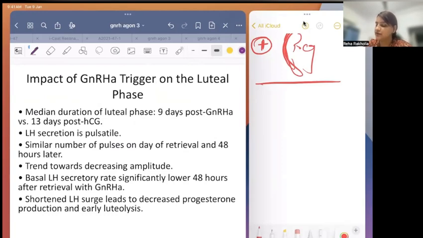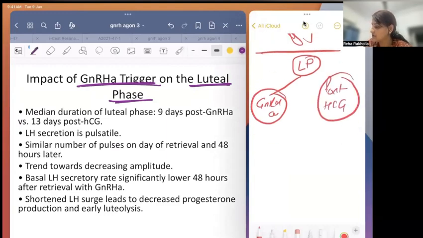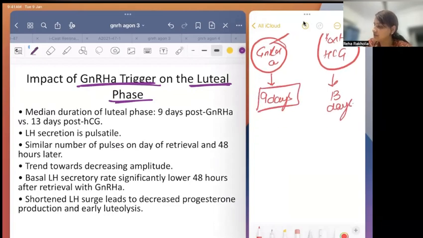Now, impact of GnRH agonist trigger on luteal phase. What is the impact of GnRH agonist trigger on the luteal phase? Luteal phase with GnRH agonist trigger versus luteal phase with post HCG trigger. Luteal phase with GnRH agonist trigger is shorter, that is 9 days, and with HCG it is 13 days. With GnRH agonist there is lower estradiol and lower progesterone because the corpus luteum is defective.